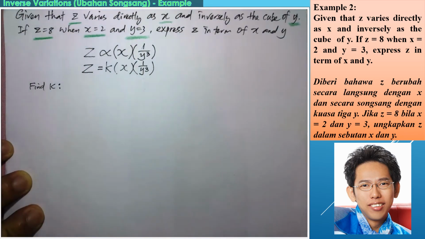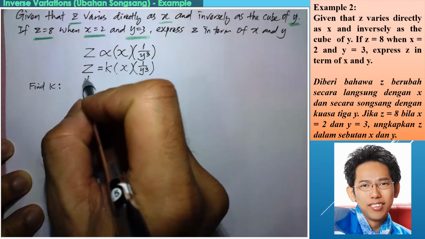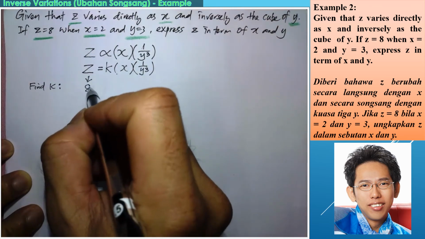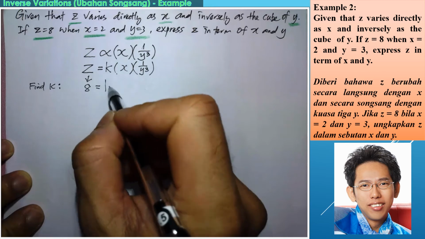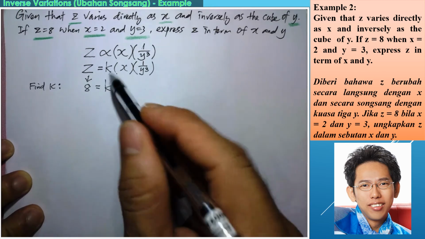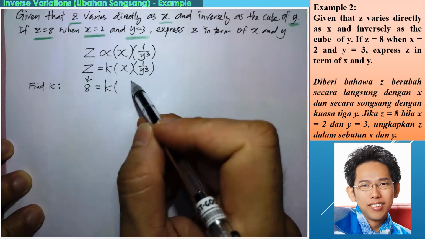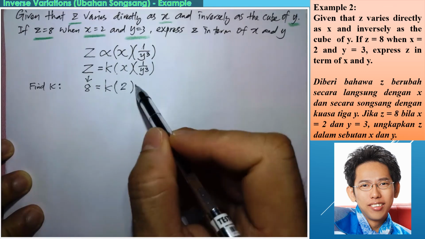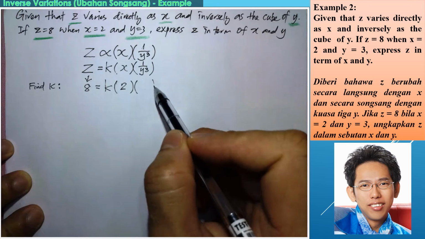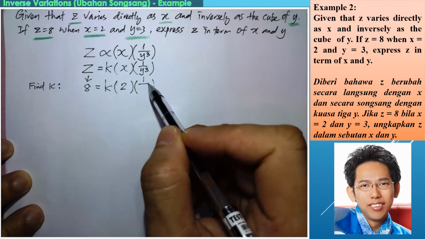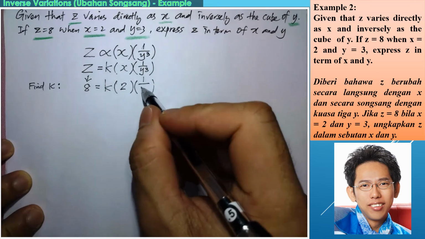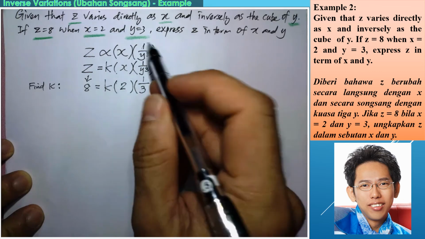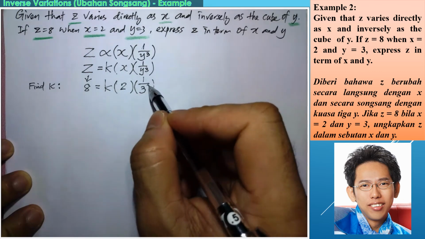Okay, so Z is 8, K, we just follow the K. So now X is 2. Now this one also follows 1 over Y, Y is 3, and because this is power 3, you have to follow.